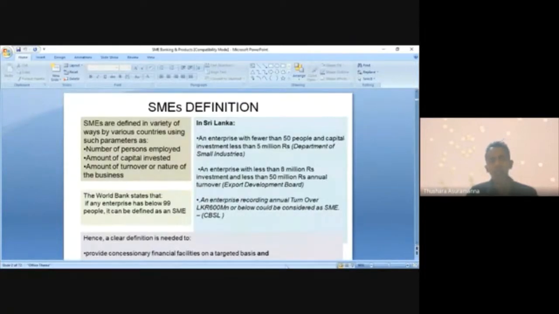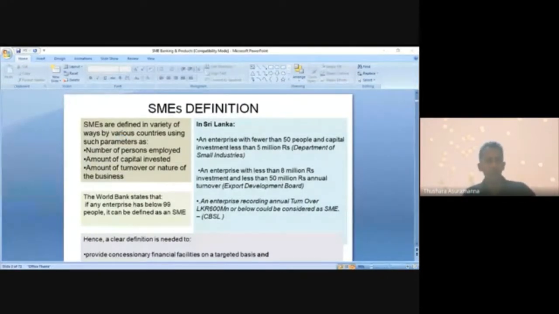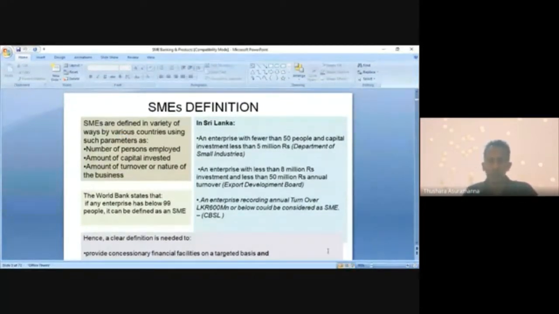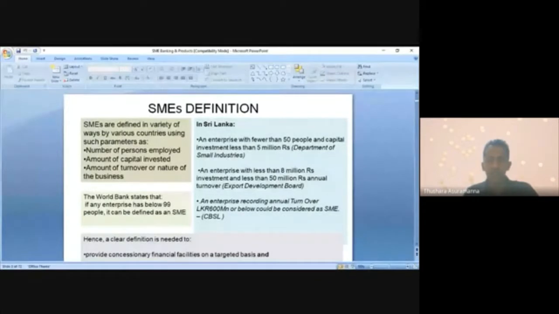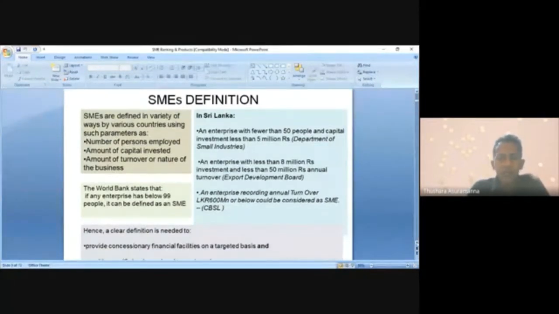Here we talk about a definition, right? In general we don't have a particular universal definition for SMEs.